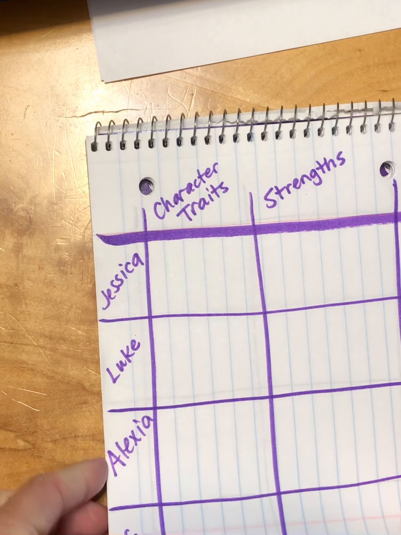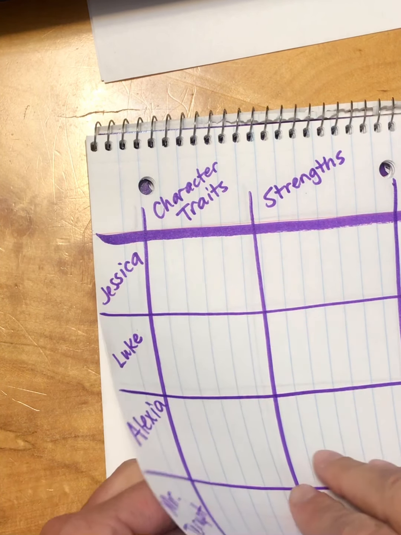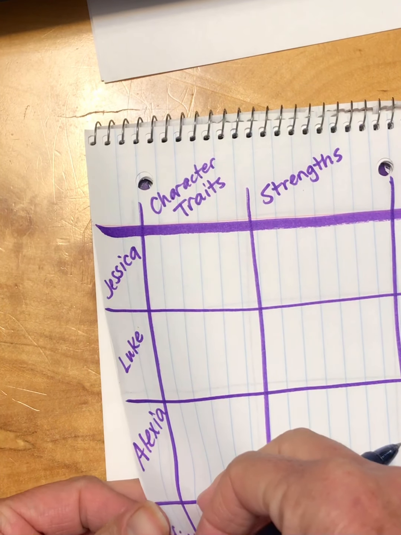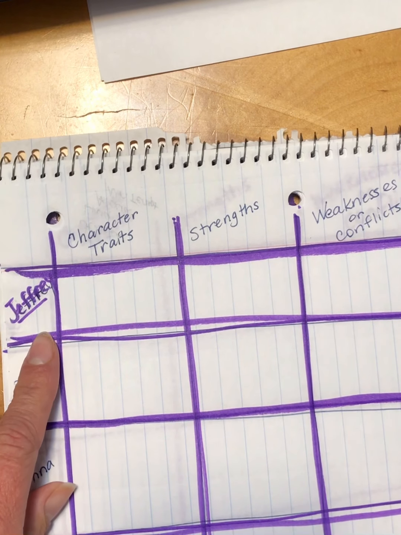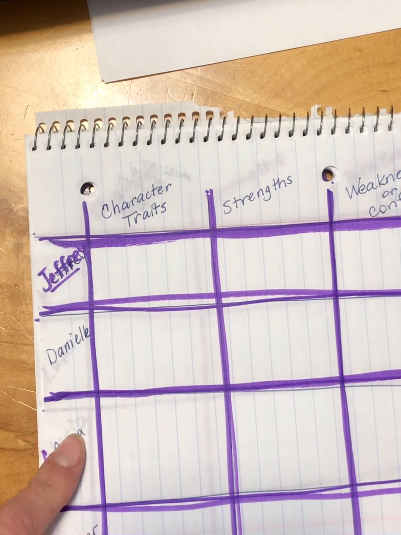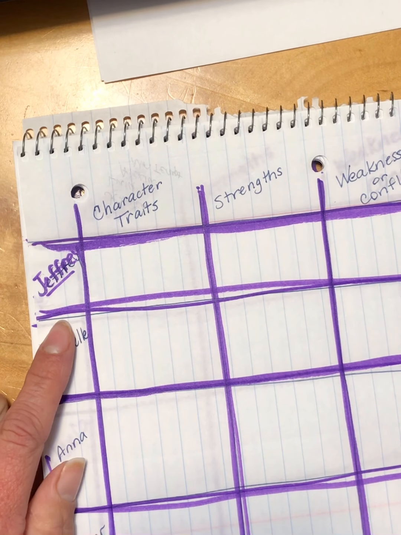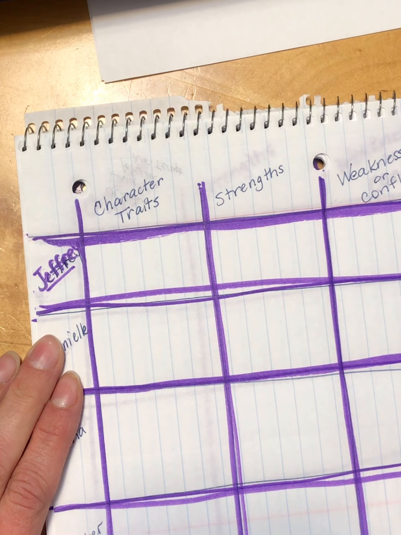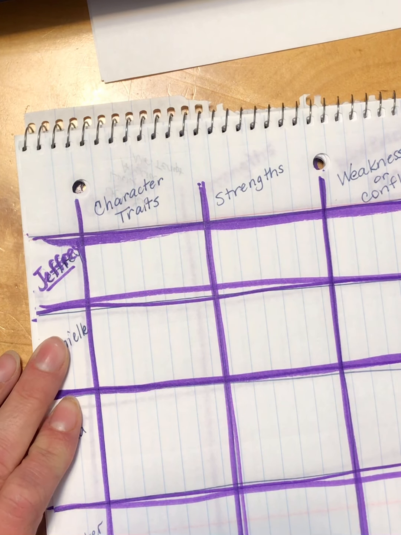So on the first pages that you do, the first character I think that you're going to have to analyze is Jeffrey, I do believe. But it doesn't matter what order they're in. If they're in a different order, you can just skip and go to the one you need to go to. But you're going to have several little excerpts or pages of the book that are written from Jeffrey's point of view, where he's talking about what he's thinking and what he's feeling and his thoughts and things like that.